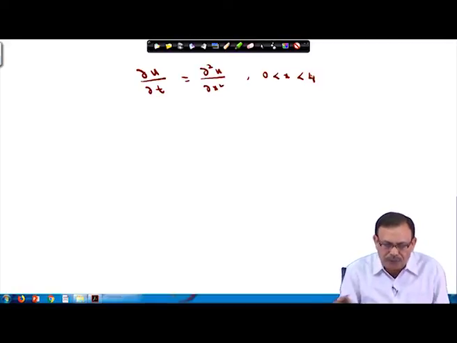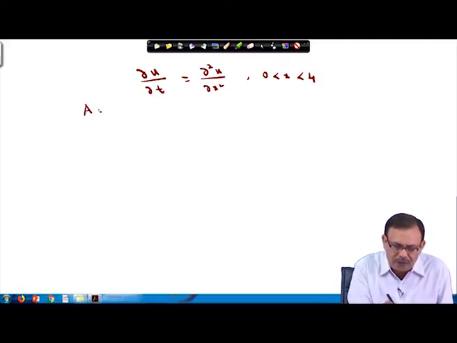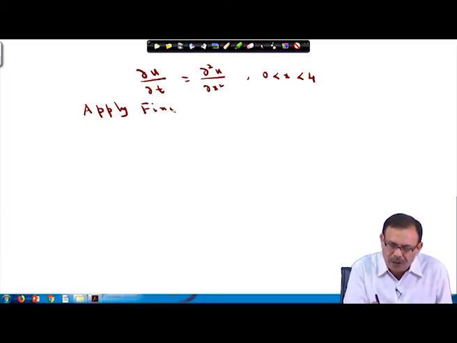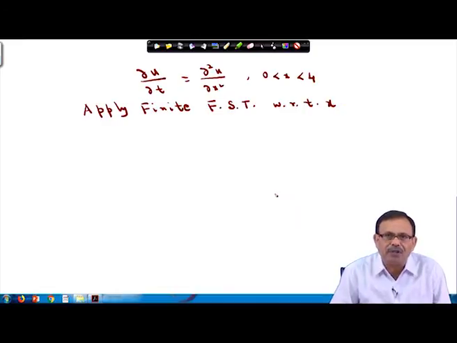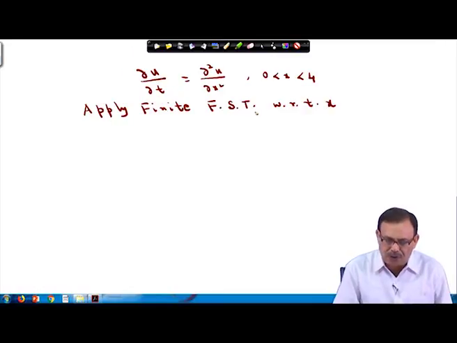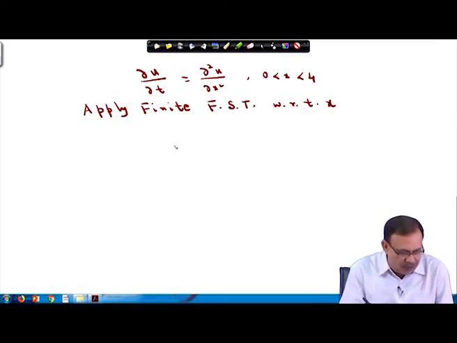So, what you will do is apply the finite Fourier sine transform with respect to x, and this was possible since the value of u(0,t) and the value of u(L,t) are known to me. So, I am applying the finite Fourier sine transform with respect to x on both sides of the given differential equation.